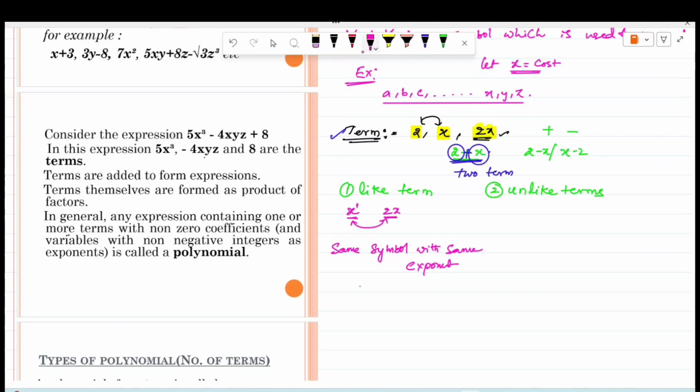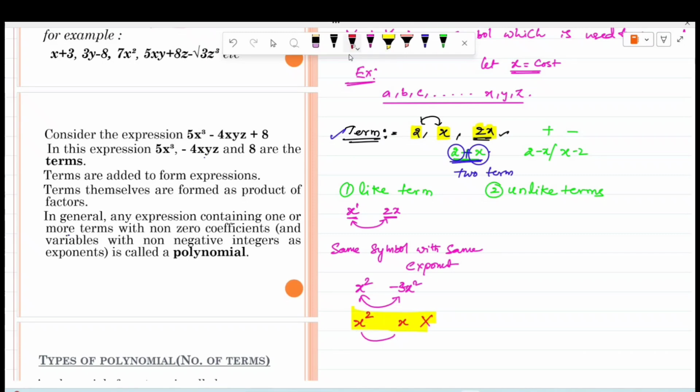Can I say that x square and minus 3x square are also like terms? Definitely, these both are also like terms. But when I see x square and x, can I say these are like terms? Variable-wise it is the same, but exponent-wise it is not the same. So that's why it is not a like term. So what is it called? This is the second segregation.